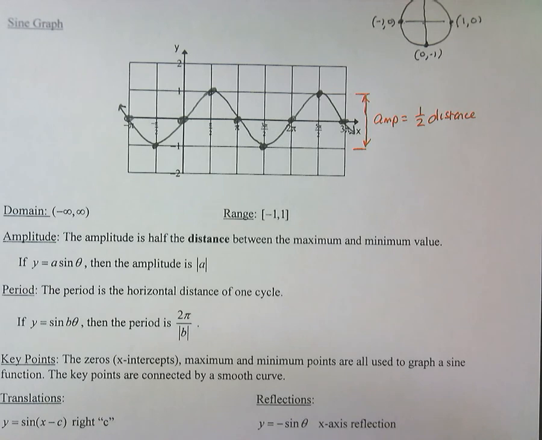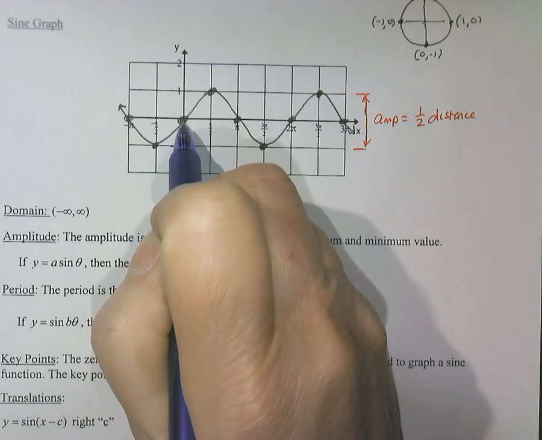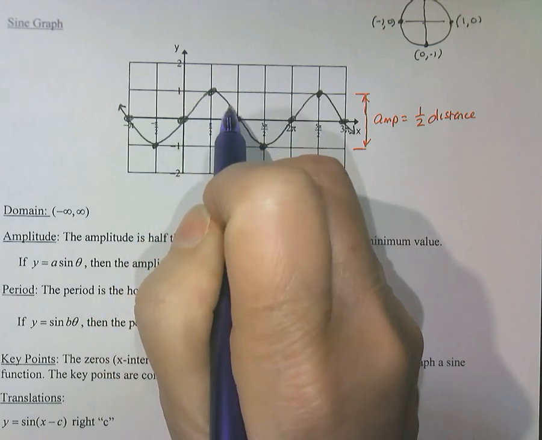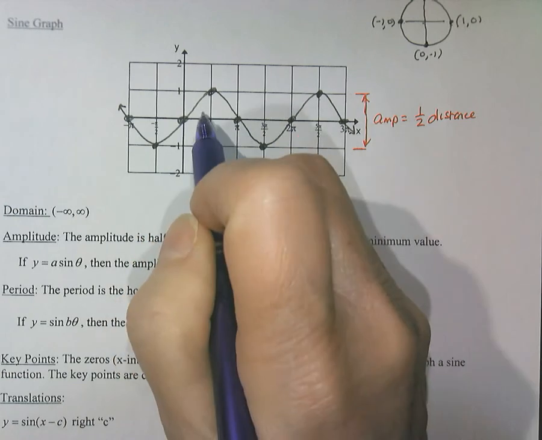The period is a horizontal distance. So if I start here at 0, I start to go up, down, back up, and back to where I start. It's like the whole unit circle.